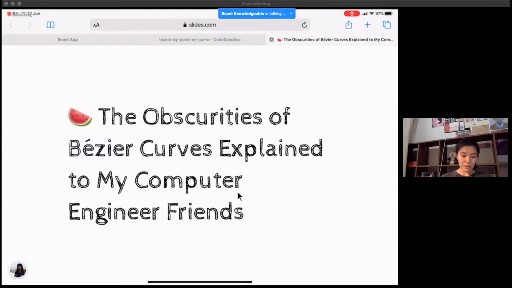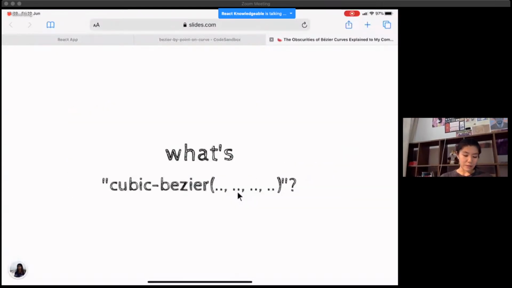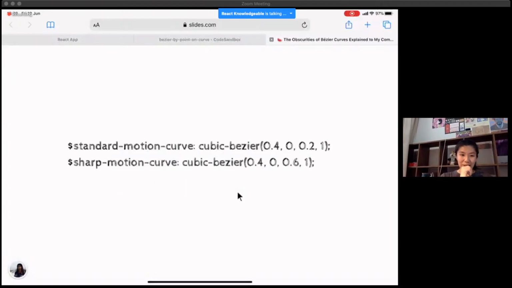I guess the original question that I was asking was, well, what is this CSS function that appears in my screen, in my code? So in our code base, there's a full file of magic numbers, and out of all those magic numbers, everything else is making sense.